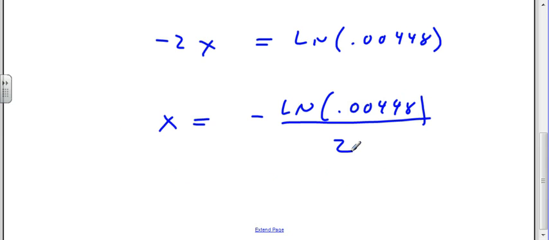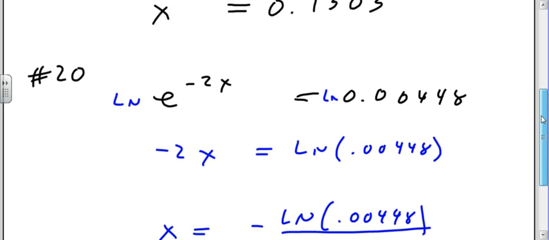All right. Minus natural log 0.00448 divided by 2 is 2.704.